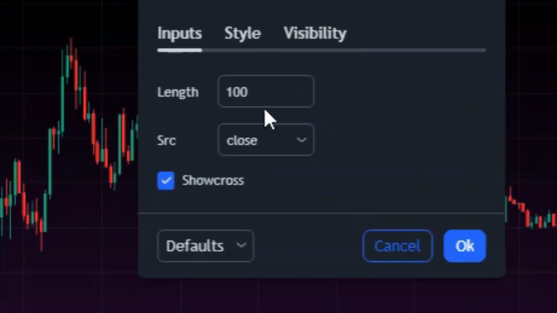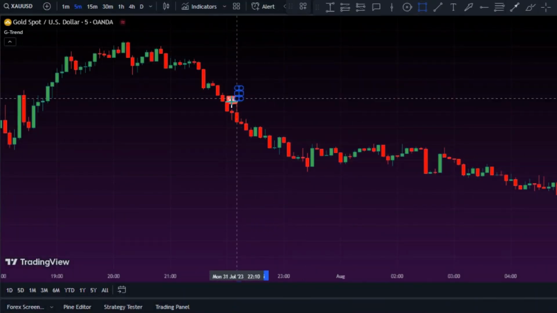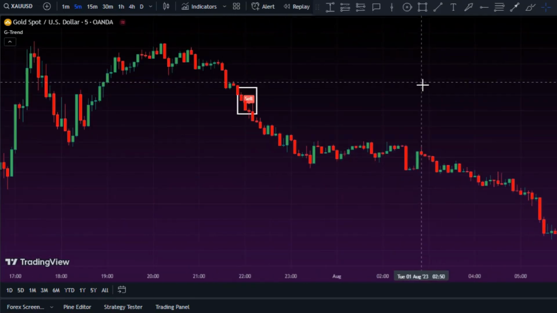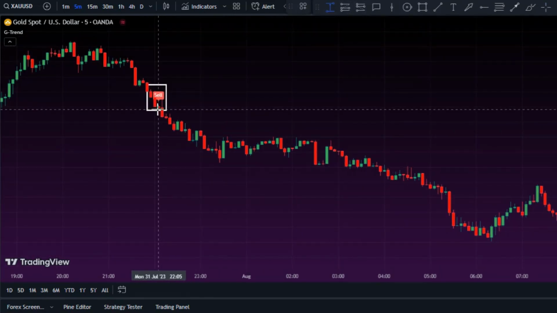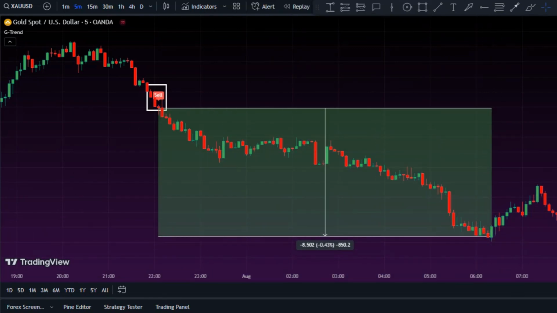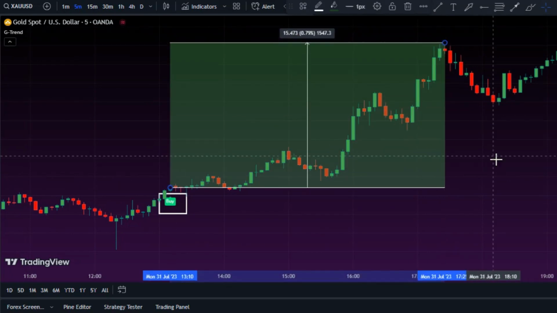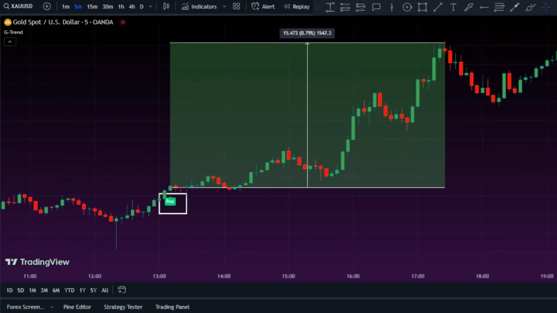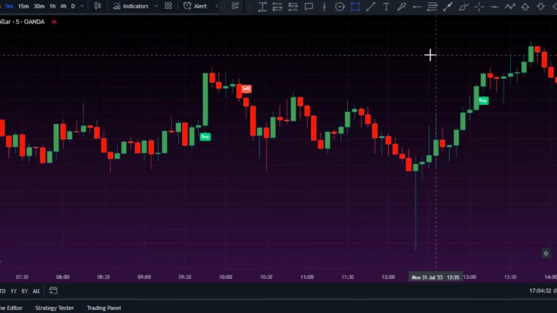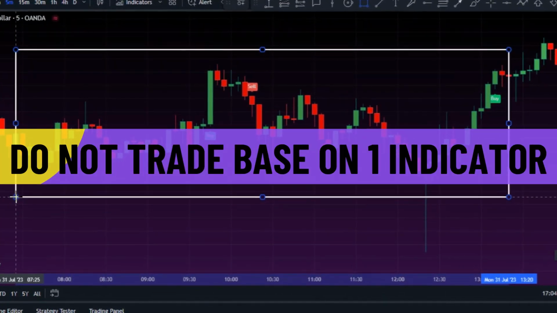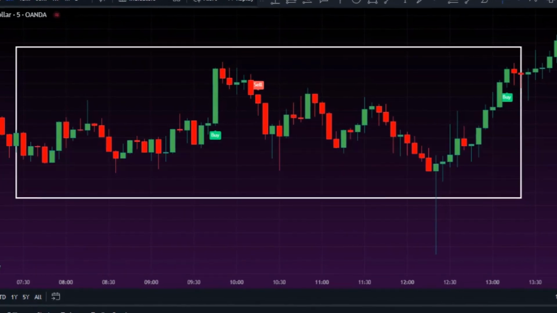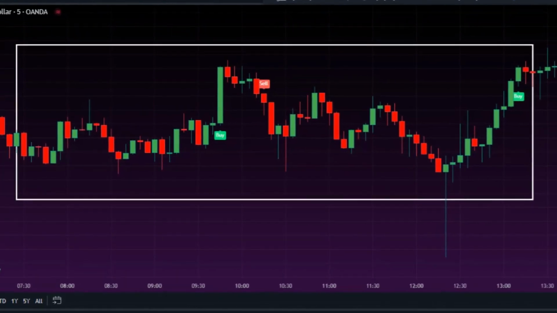Then in the inputs tab, set the length to 45. The indicator will now spit out some buy and sell signals. But I won't recommend just trading based on this indicator alone. It works great, but in some cases we'll want to filter out some of those signals.